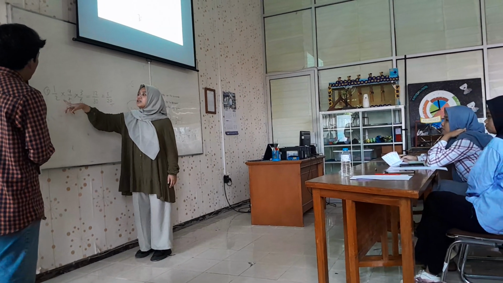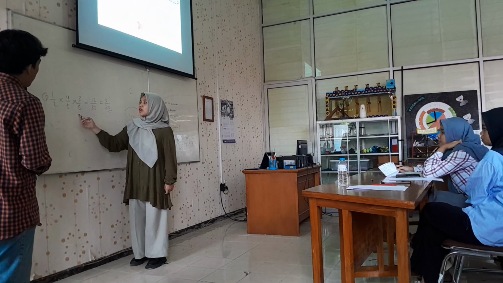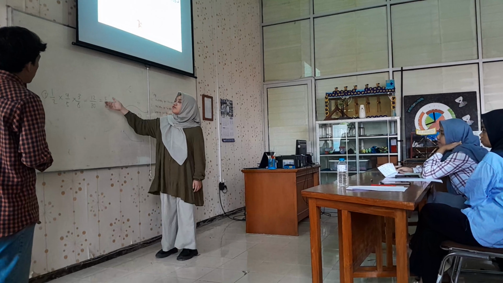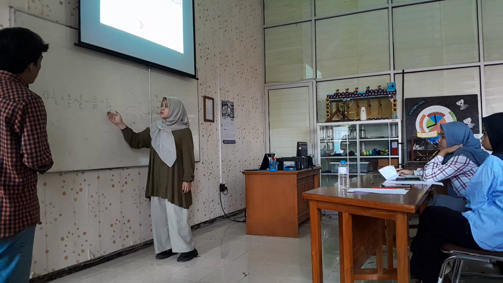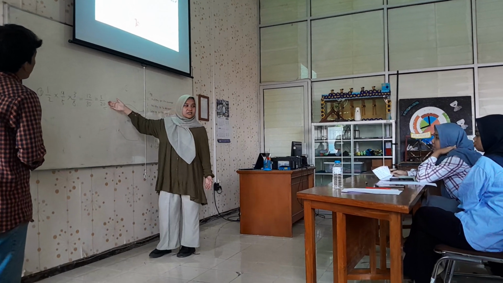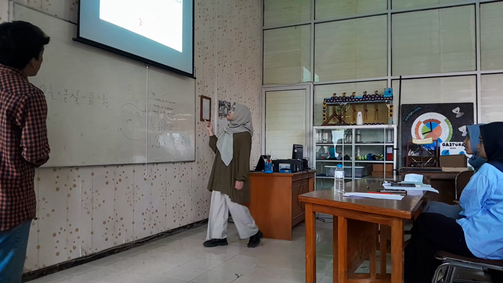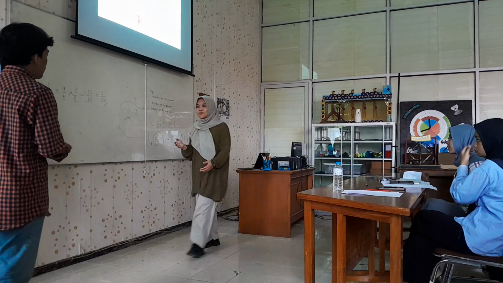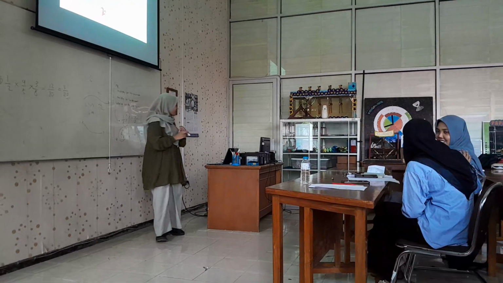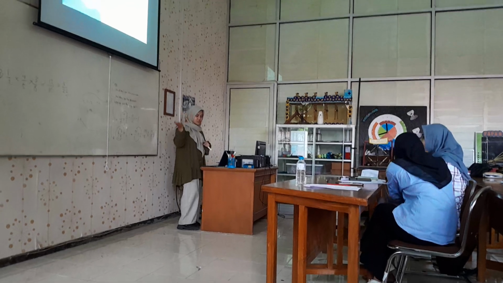And then the denominators: 2 times 5 times 8 is 80. And then we have 12/80. We can simplify it, right? To be 3/20. So the answer is true. Okay, thank you so much, Sonny. Applause to Sonny. Okay, for the second, the answer is true.